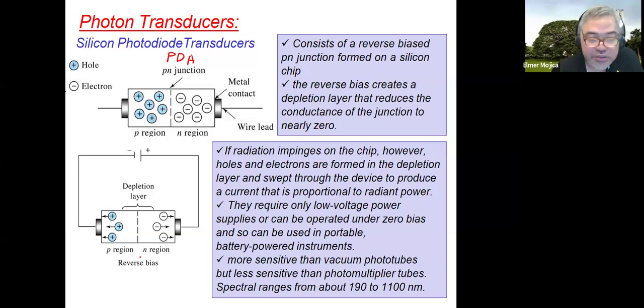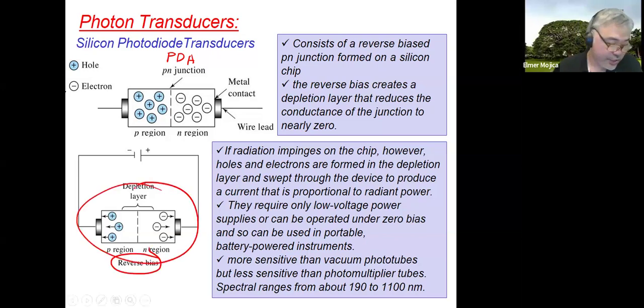So this is how the schematic of your silicon diode looks like. With the reverse bias, you get the formation of a depletion layer, which prevents the flow of electricity.